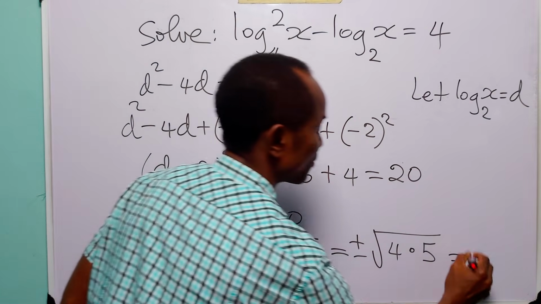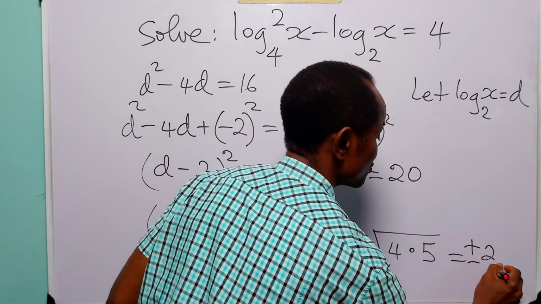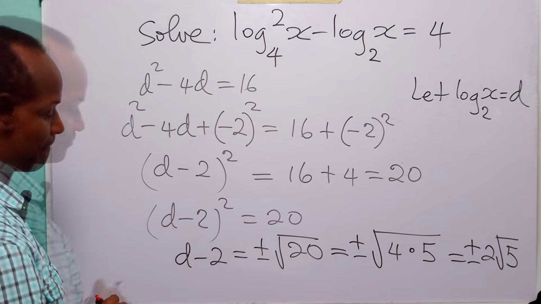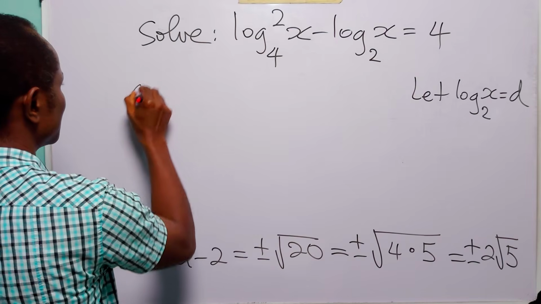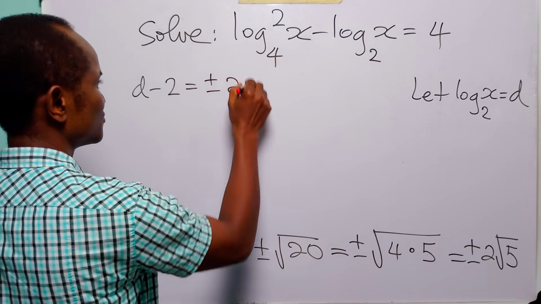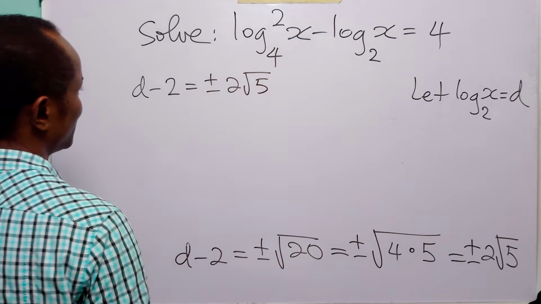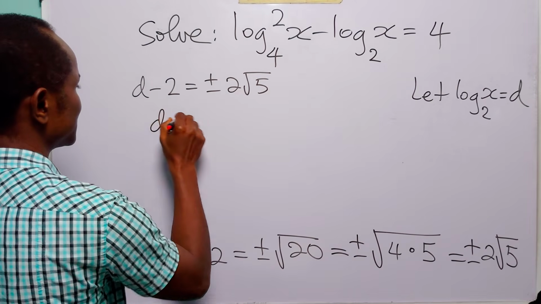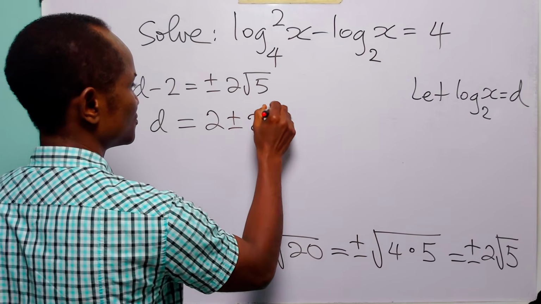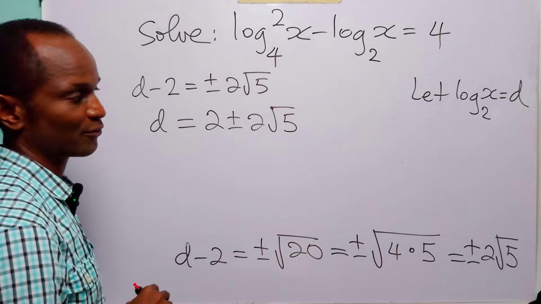So this is equal to plus or minus 2 root 5. Now from here, we have that d minus 2 is equal to plus or minus 2 root 5. And of course, d is going to be equal to 2 plus or minus 2 root 5.